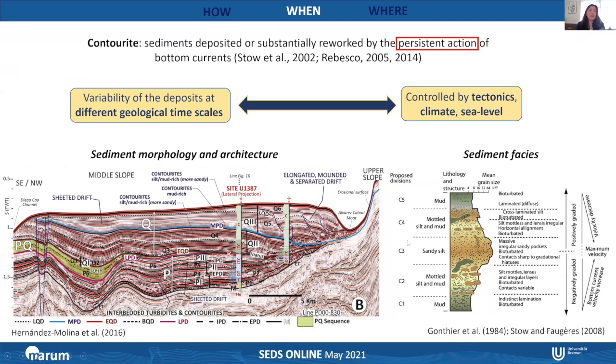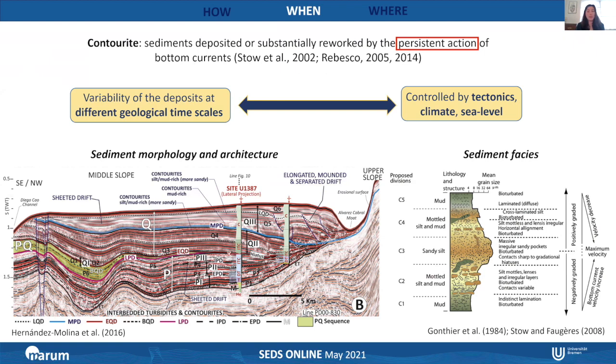So another question is when are contourites being formed? The definition of contourites says that they are formed by the persistent action of bottom currents. And this is suggested because we can see sediment bodies that have been forming for a very long time in the geological record.